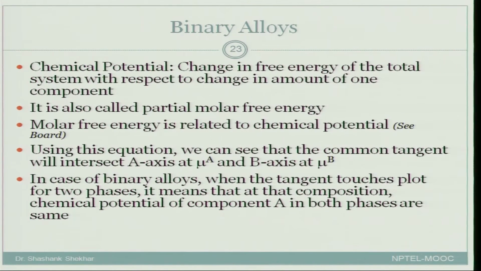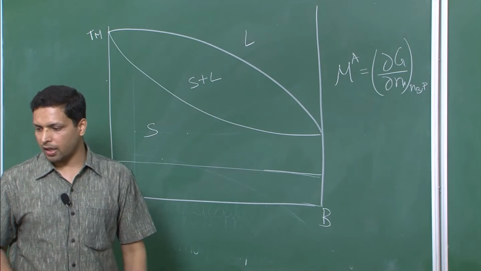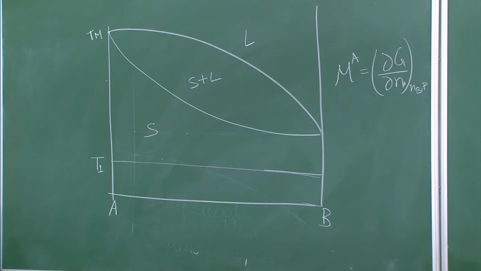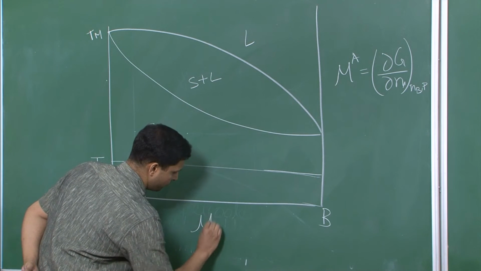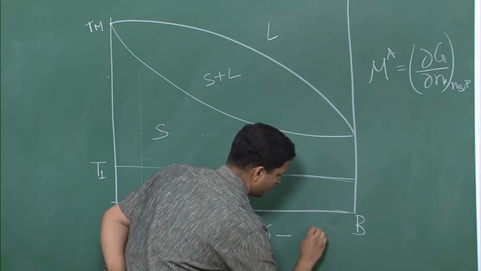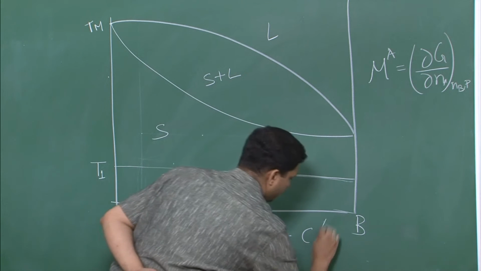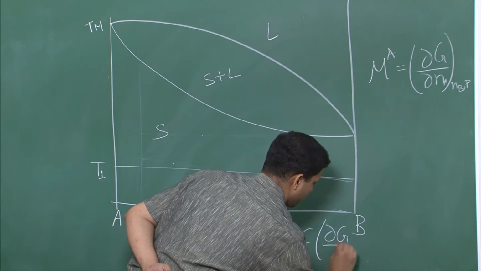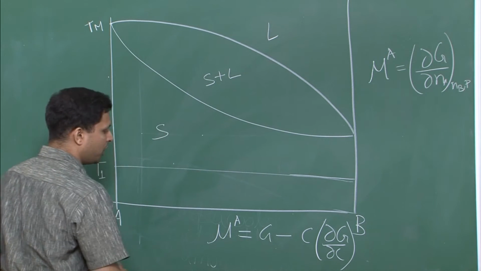Sorry, the chemical potential can be related to the Gibbs free energy of the total system, which is given like this. So this is the chemical potential for A.